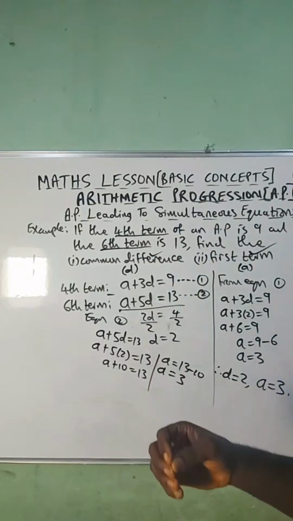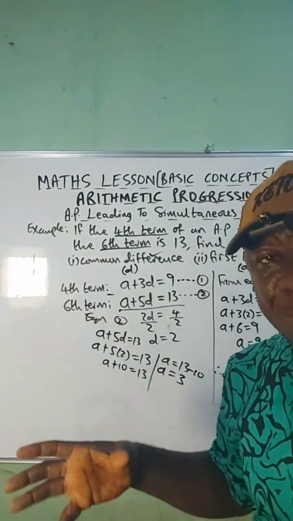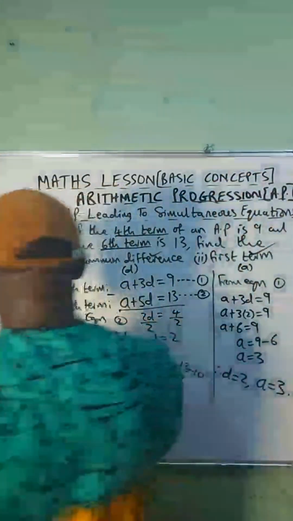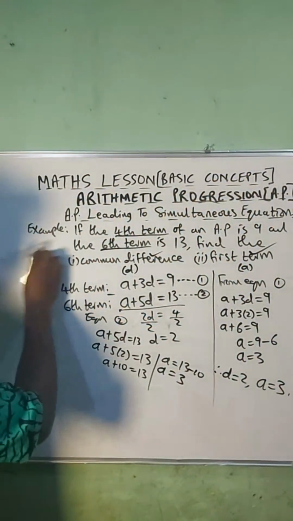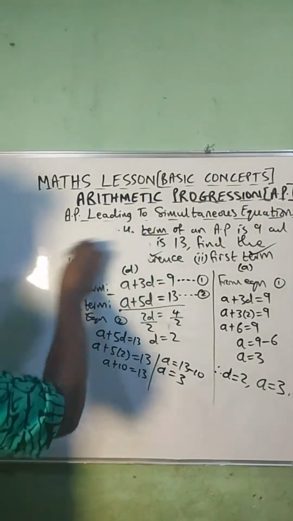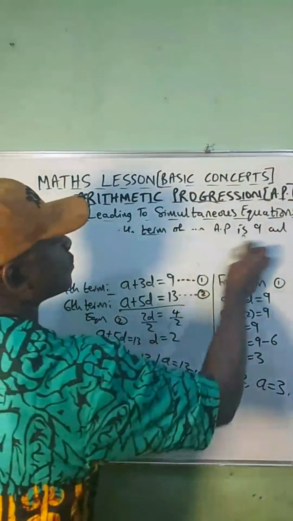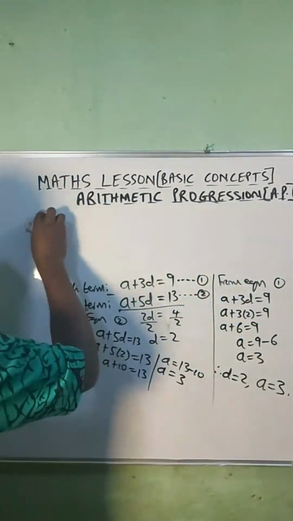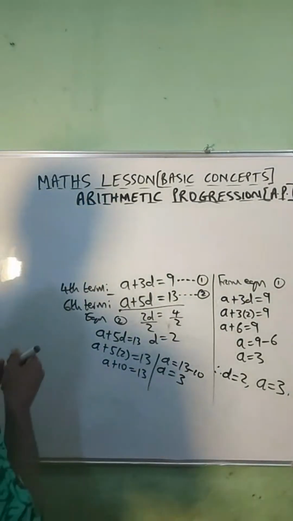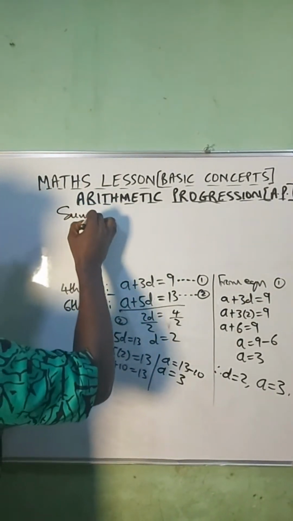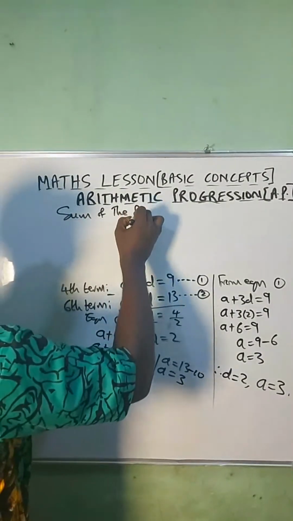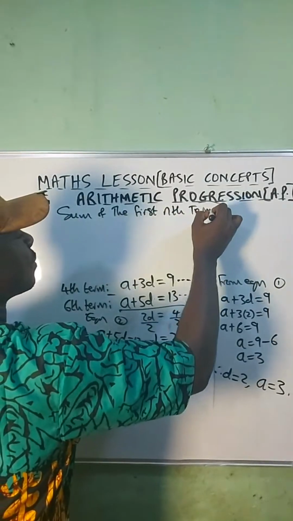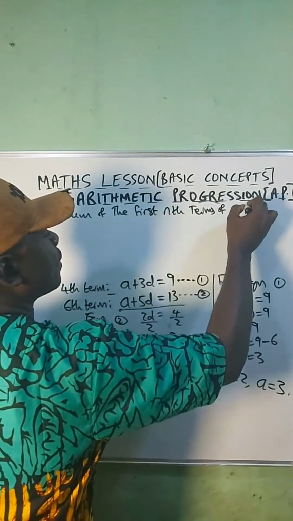And then the next thing we're going to look at now is the sum of the first n terms of an arithmetic progression, an AP.